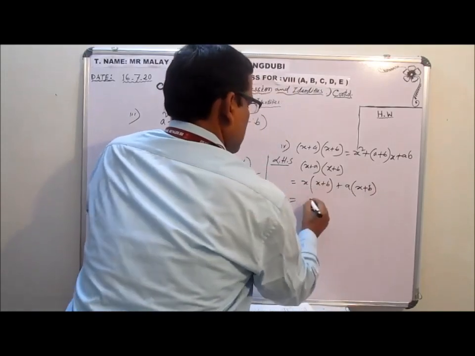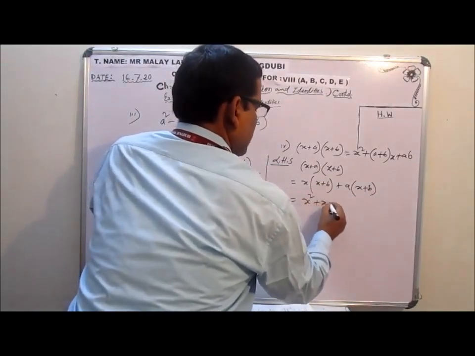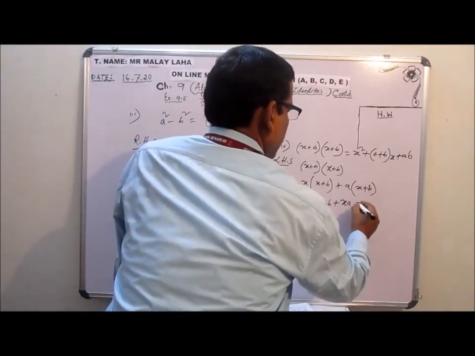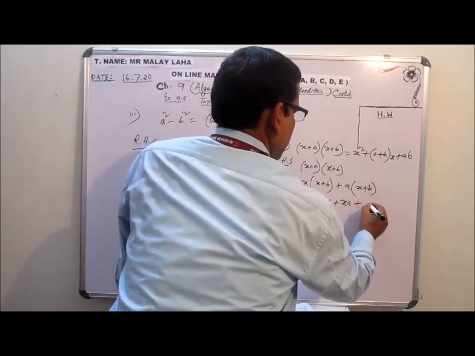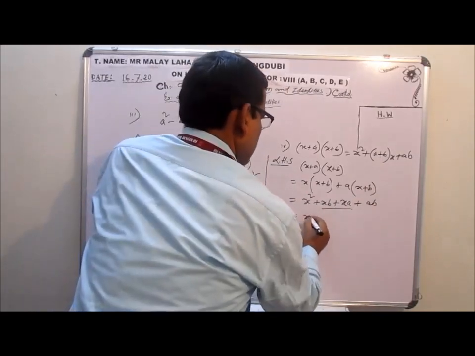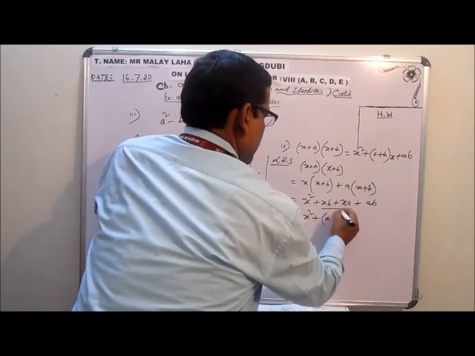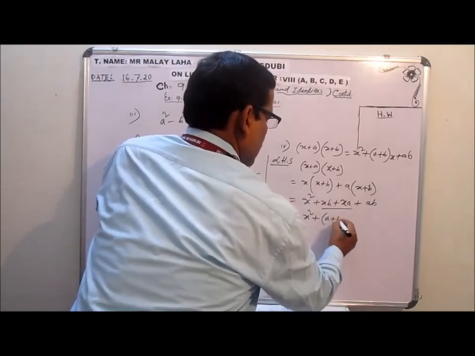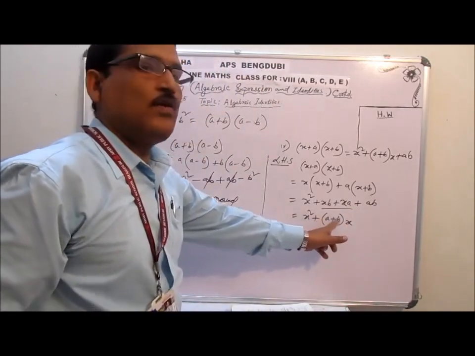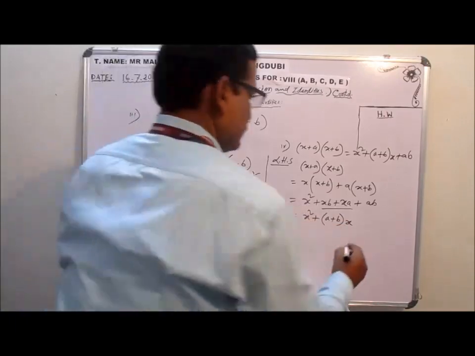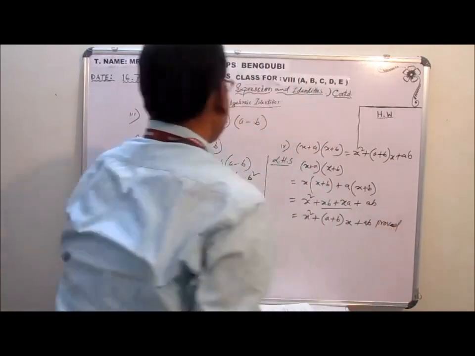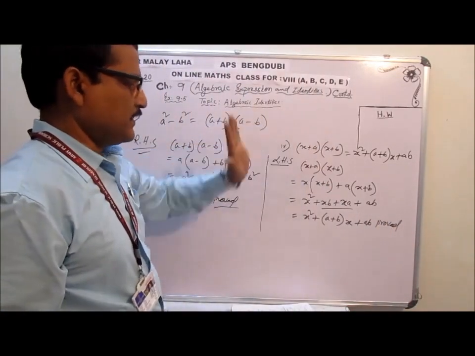Any problem? Multiply it. So it will be x square plus xb, and plus ax, then a into b is ab. What is common here? x is common, so I can write x (a plus b) or (b plus a), same. I can write the common part at the beginning or at the end, both are the same. Okay, plus ab. So hence proved, that equals the right hand side.